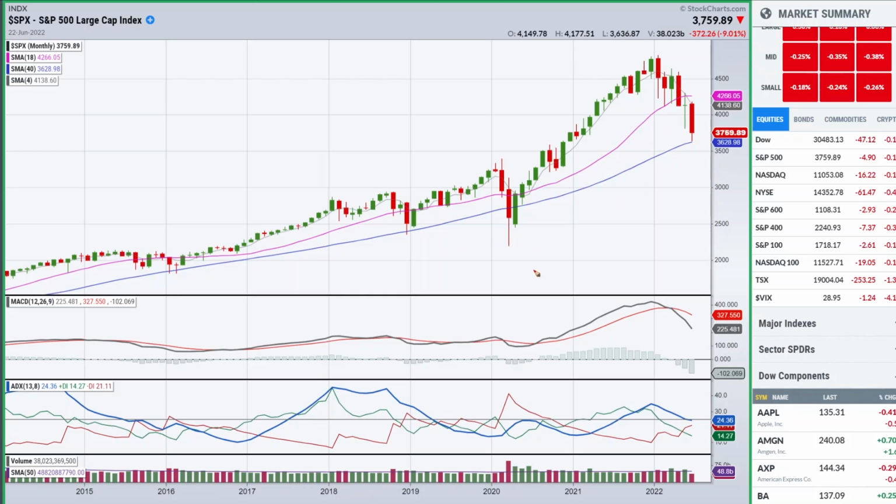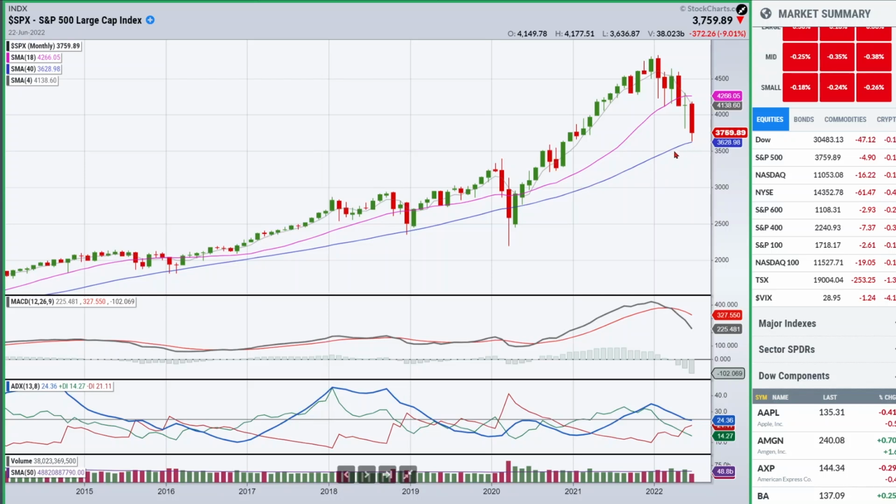But there are times when we break the 18-month line here. You see how this 18-month has not only been broken, but now it's flattening out, and we've clearly gotten below it. When that happens, I typically like to go up to the next higher time frame and look at where the 18 is on that next time frame. Now, we are hitting the 40-month moving average. You see this blue line, that's the 40.